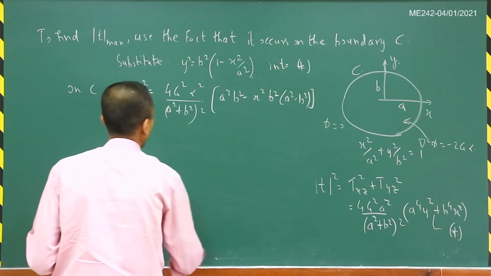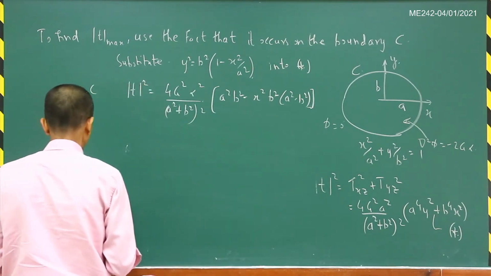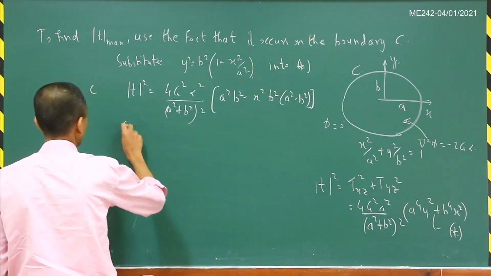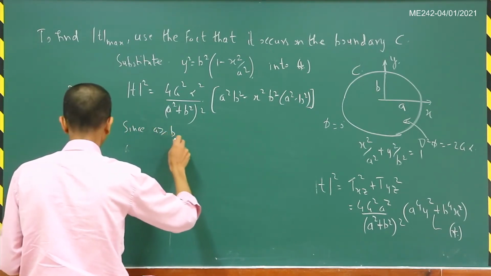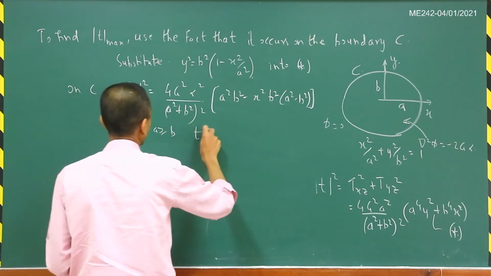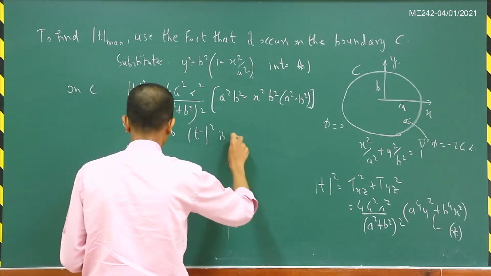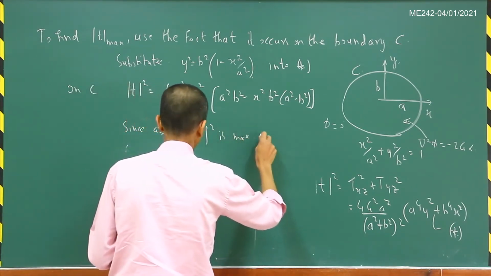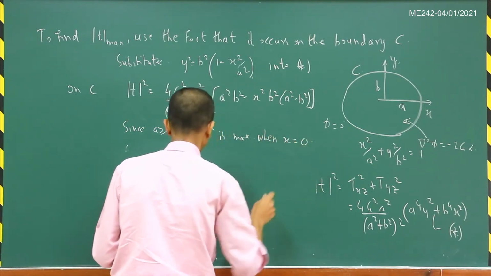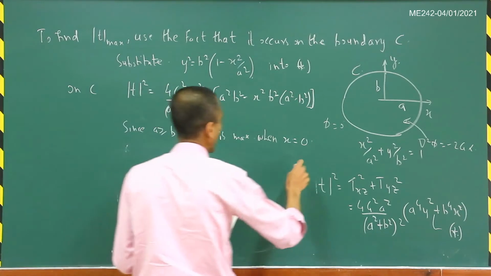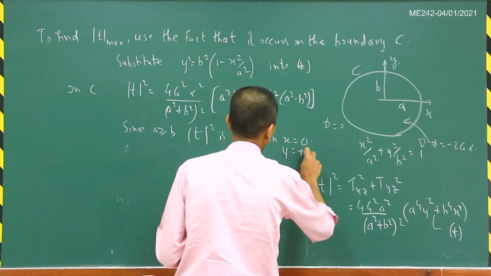Let us write that here: since a square is greater than or equal to b square, tau square is maximum when x is equal to 0 and y is equal to plus or minus b.